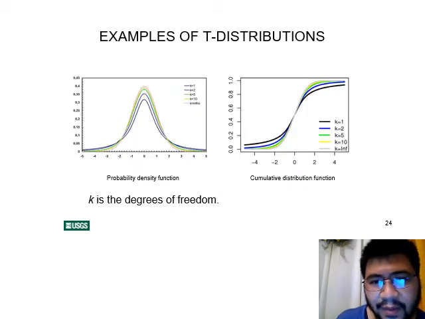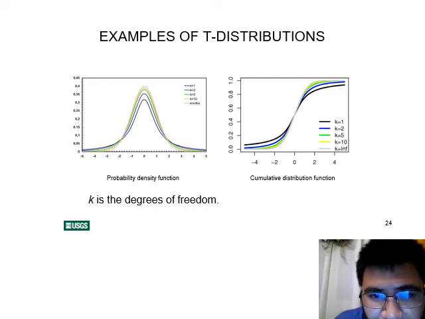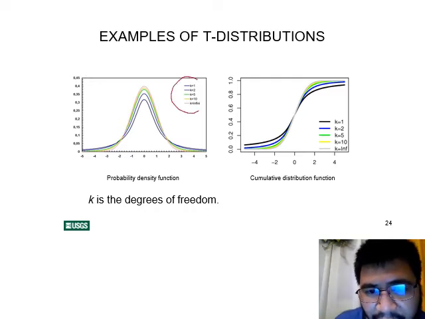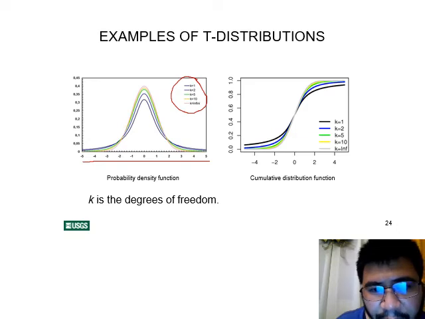Okay, so you have here examples of t distributions. So k here is your degrees of freedom or the number of samples, right? So you can see here the width of the plot is plus minus 5 standard deviation.